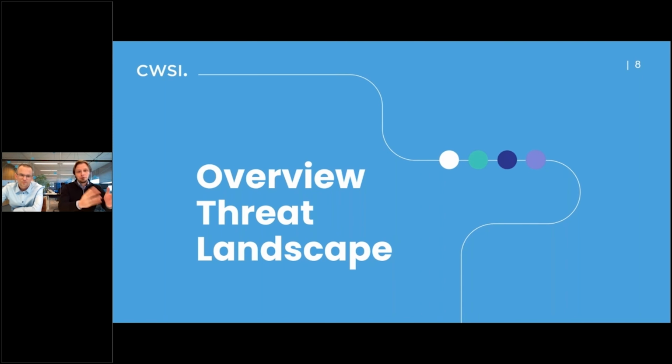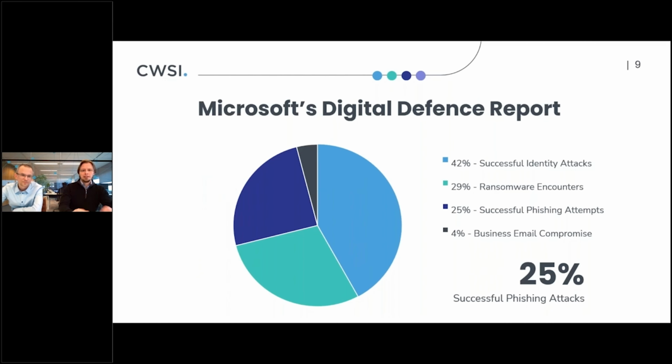Like Tim said, we first want to start with an overview of the threat landscape to give you an idea about what threats there are and why attack simulation training or security awareness training in general is very important nowadays. Just to get one grasp from the Microsoft Digital Defense Report about phishing, you can see here that 25% of phishing attempts are successful, which is a huge amount if you look at the total number of phishing attempts that are done every day.